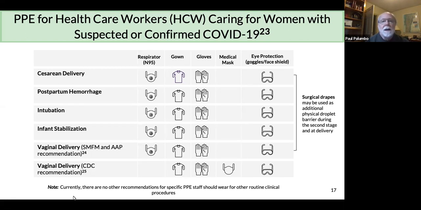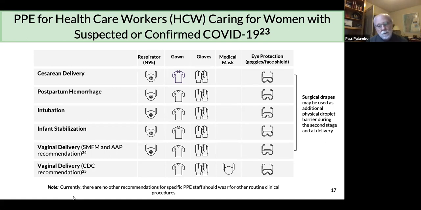An N95 respirator mask is considered important and indicated for almost all procedures that are listed on the left-hand column. Gown and gloves for all of these items. A medical mask, as opposed to the N95 respirator, could be considered for vaginal delivery by CDC recommendations. However, the Society of Maternal Fetal Medicine and the American Academy of Pediatrics recommend the N95 mask even for vaginal delivery.